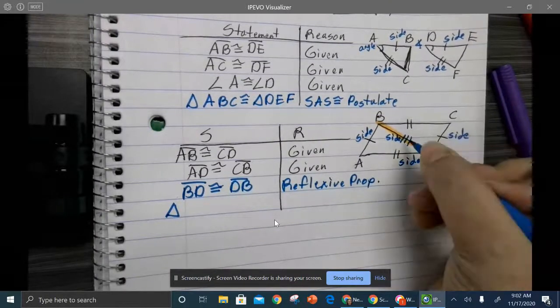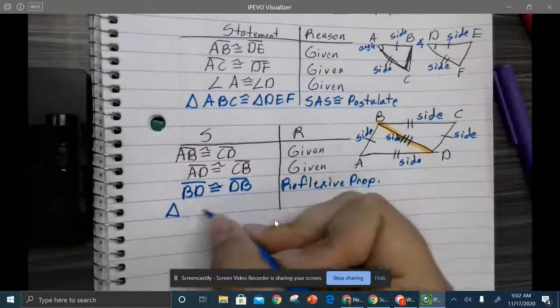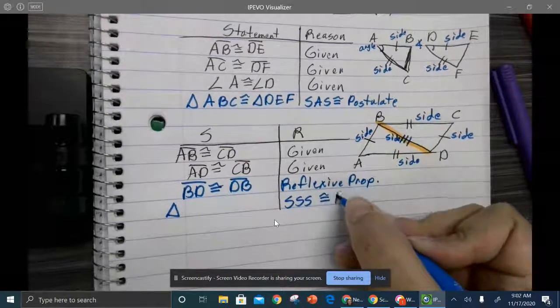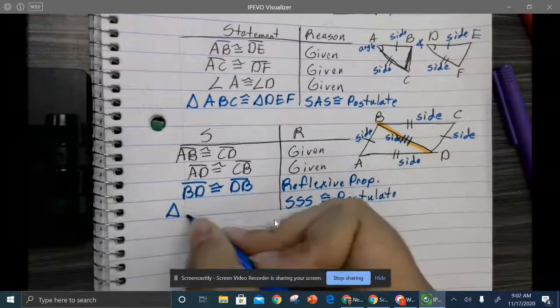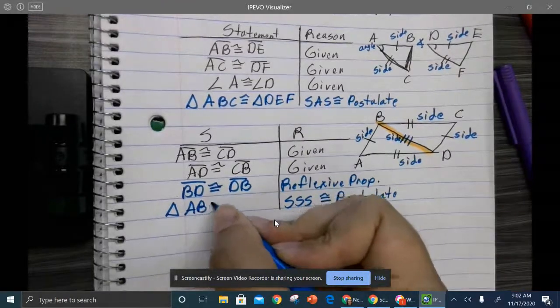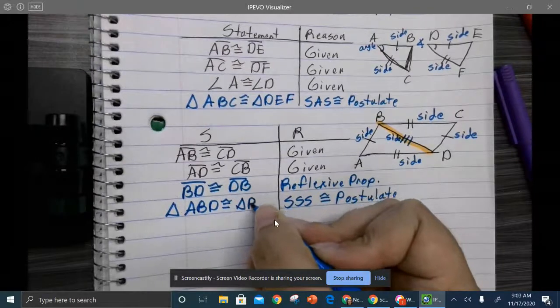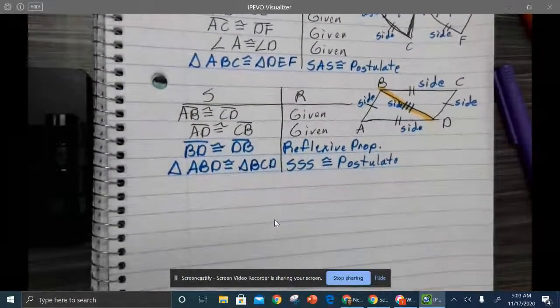So by our side, side, side congruence postulate, triangle ABD is congruent to triangle BCD. So SSS, side, side, side.